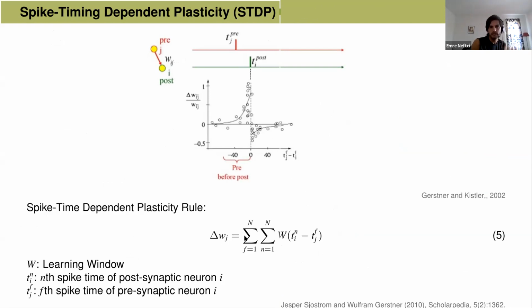So in the end, what you want is that the weight change be proportional to these two curves, right? You make certain assumptions when you move to the online form, that these curves are going to be exponential.